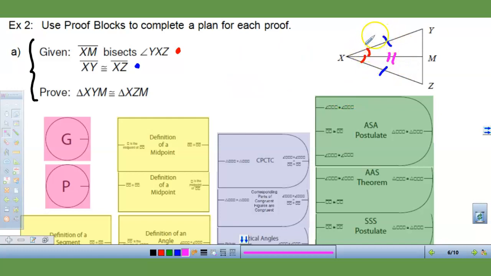Then we looked at this and said, okay, that's a side, that's an angle, and a side. So we said, by side angle side, these two triangles are congruent. So we already have the structure of what we're doing. Now we're just going to put in all the definitions and all the theorems and write it out in a more structured way.